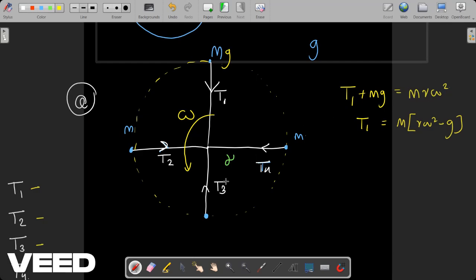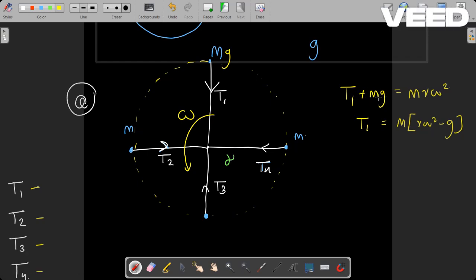Same acceleration is there everywhere, no? Why? The object is rotating at the same angular velocity and the radius is all the same. So m r omega squared, everywhere the same centrifugal force is there. The same centripetal force is made by combining these two. So therefore, since the gravity is there, you need only a very little amount of tension to have this acceleration. So at the top, you have the least tension.